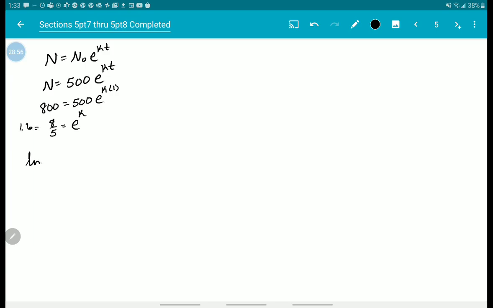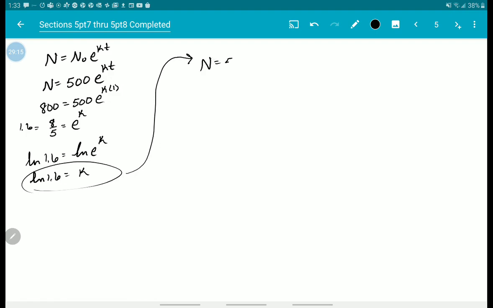So now let's take the ln of both sides. So we have the ln of 1.6 is equal to K. So there's our growth rate. That's going to be a positive number. That's how we know it's growing. So here's our formula.